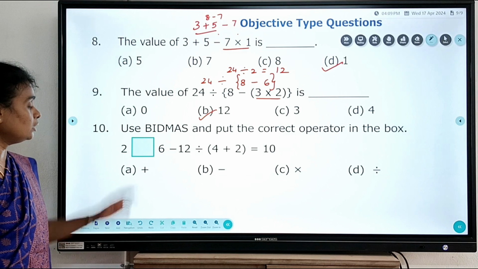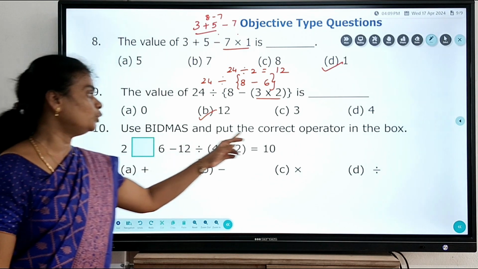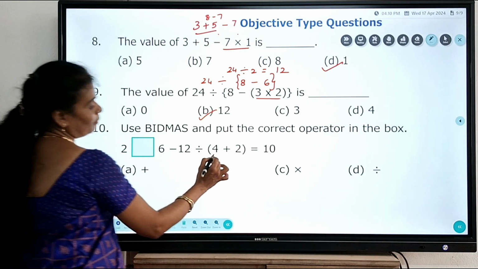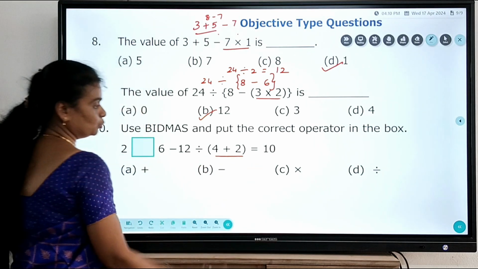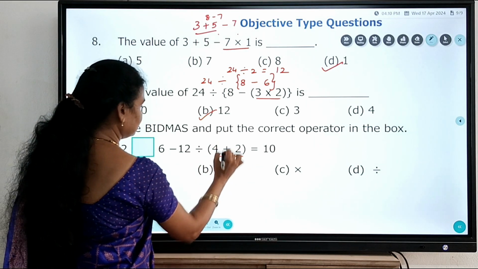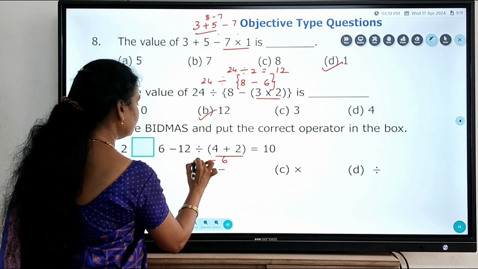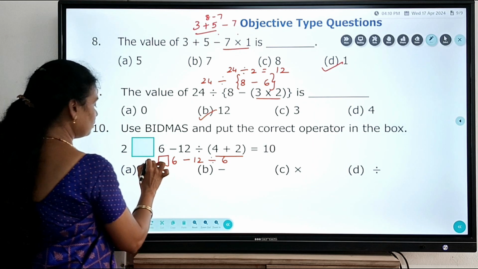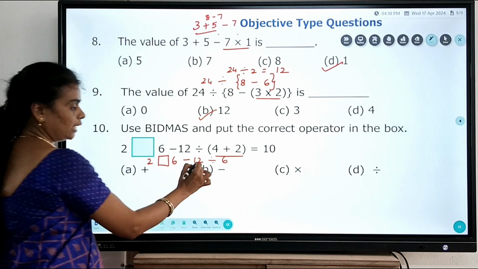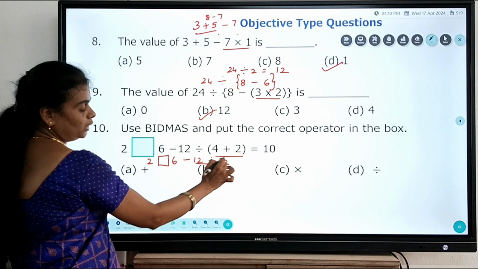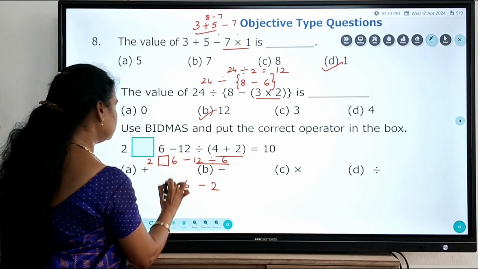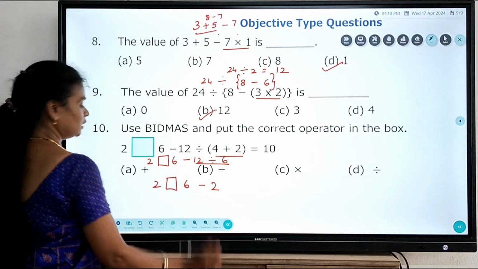The last one: use BIDMAS and put the correct operator in the box. Here also one bracket is involved, 4 plus 2. So 4 plus 2 is 6, and 12 divided by 6 is 2, minus 6, here an empty box, and 2.